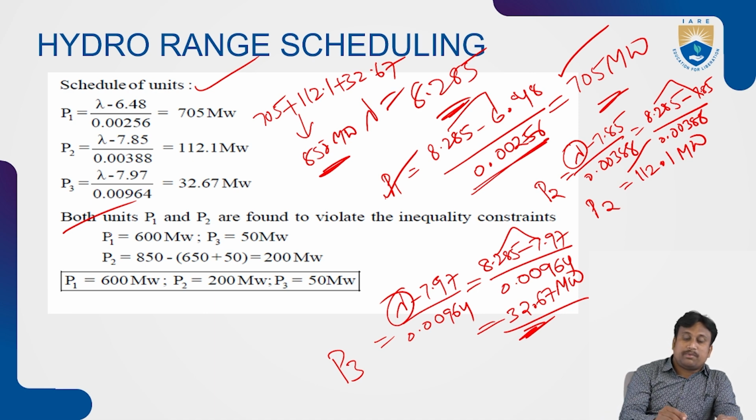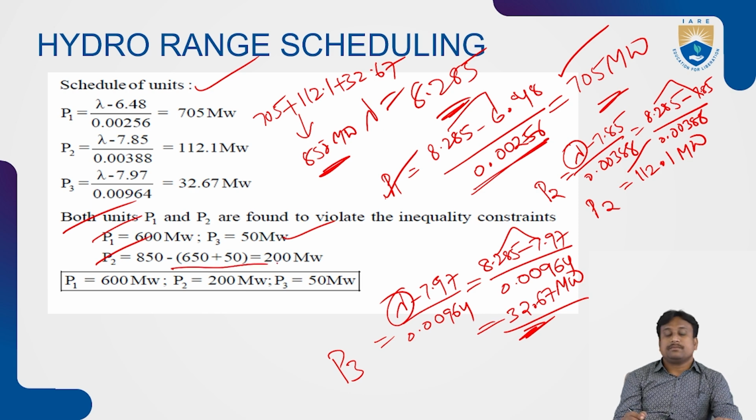That means P1 is fixed at 600 megawatts and P3 is 50 megawatts. So P2 is 850 minus 650 plus 50. So what is happening here? This is the total load, P1 plus P2 plus P3, and this adds up to 650. That means 650 plus 50 combination. Then you are getting 200 megawatts.